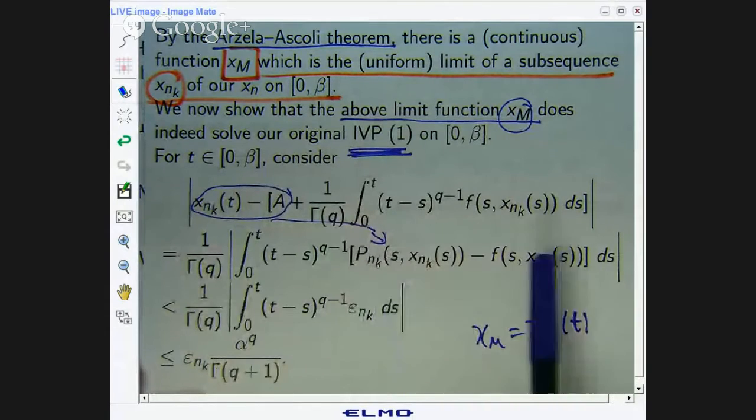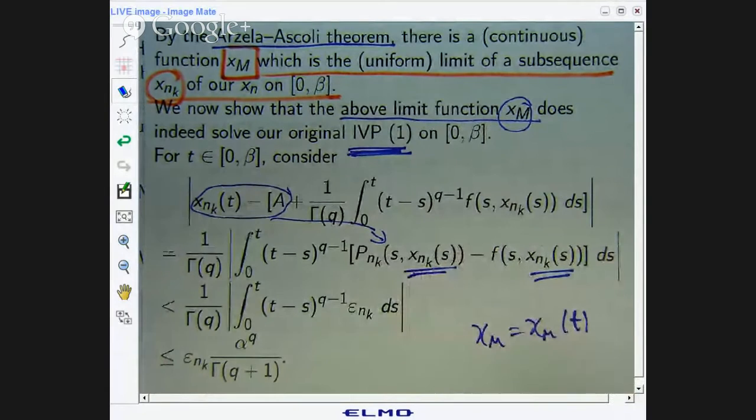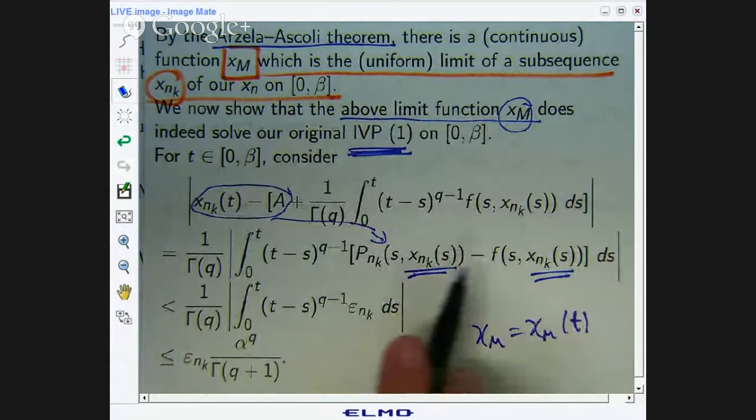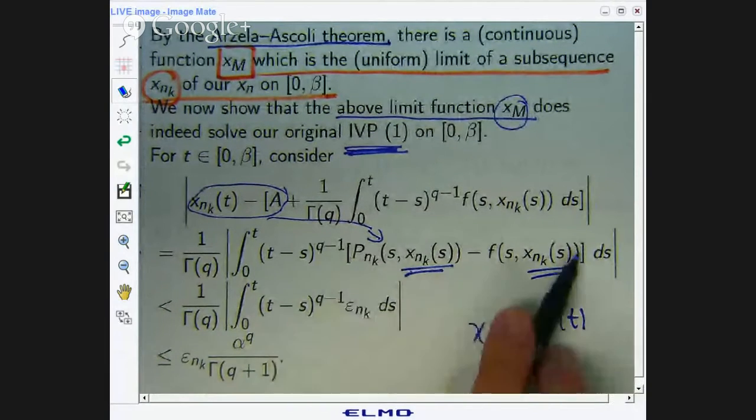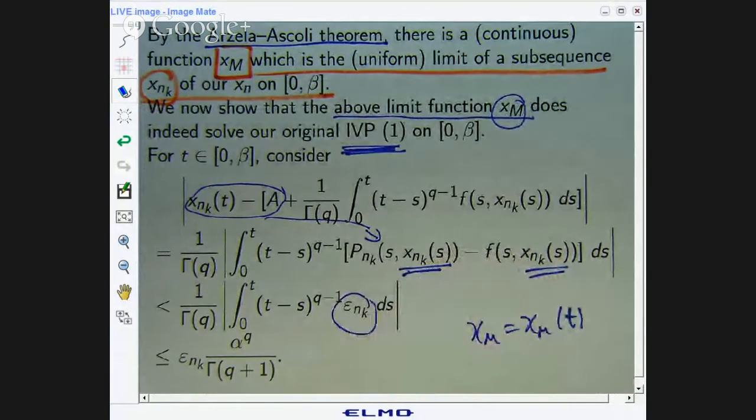Now, because P sub nk converges uniformly to F, this difference can be made as small as we like. And this is what this represents.